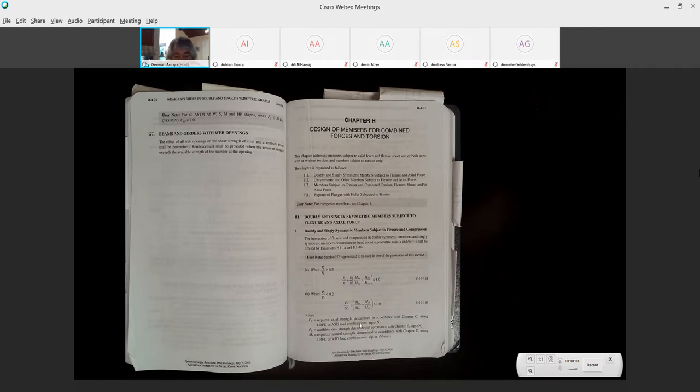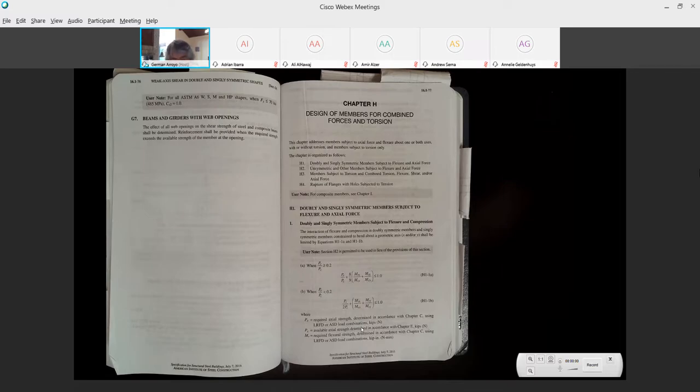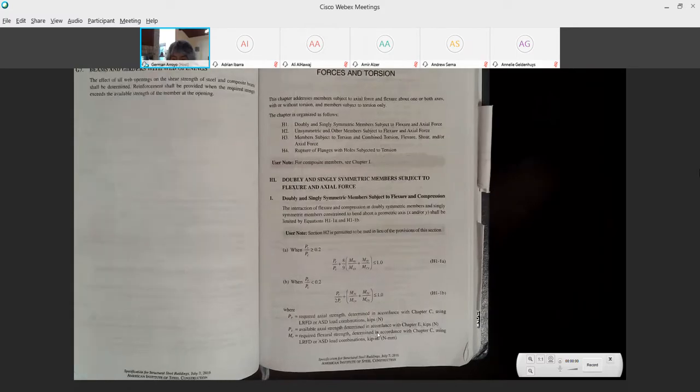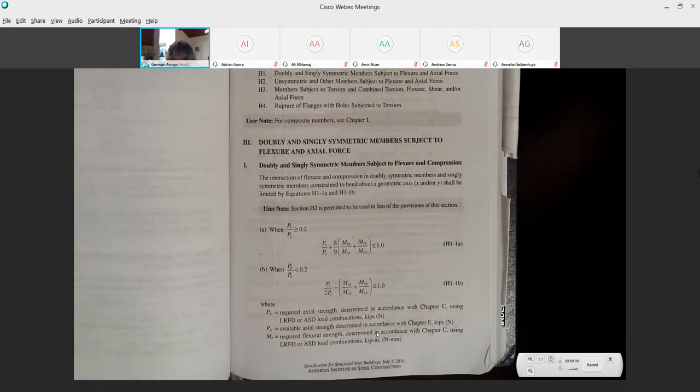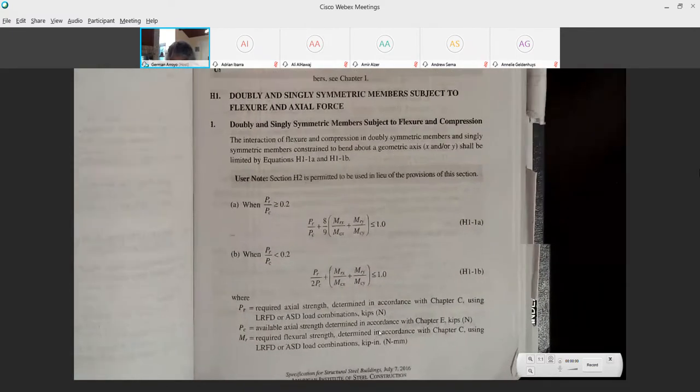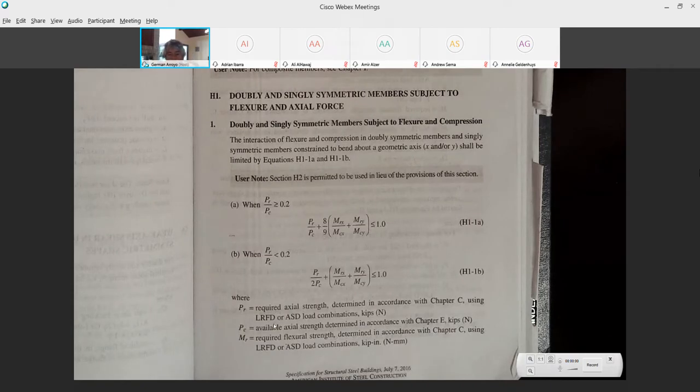Okay. So during the weekend, I had several interesting questions, especially about biaxial bending. If you look at this formula, obviously, whenever we have a beam column, we have an axial load. And the axial load is on the vertical axis, or the z axis.